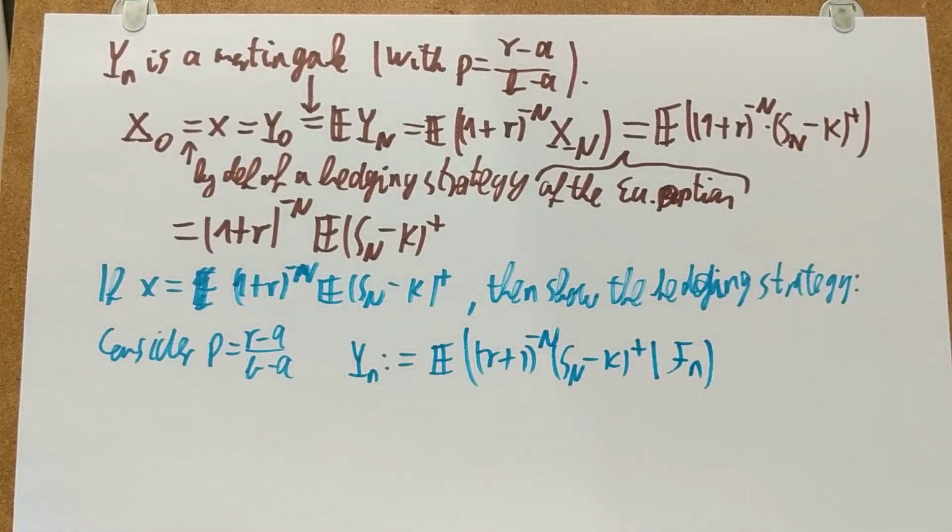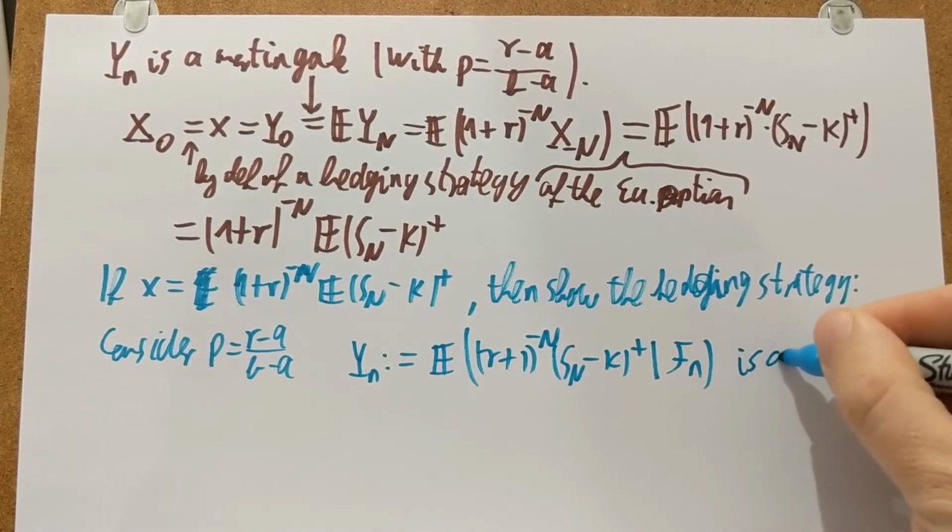This thing is going to be a martingale just because it is a conditional expectation of a random variable with respect to the nth term of a filtration. So this thing is a martingale.